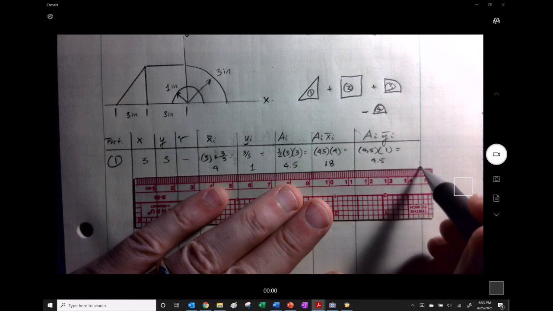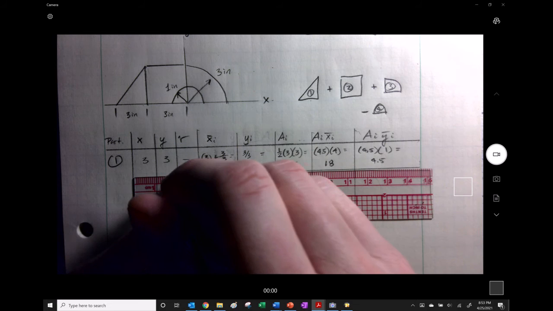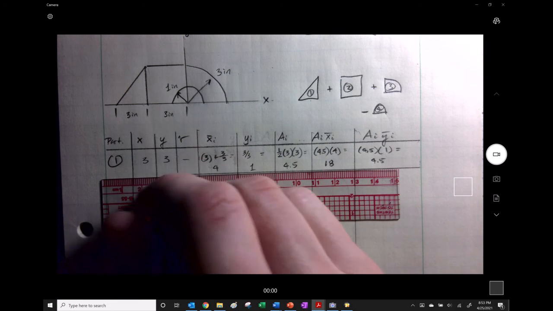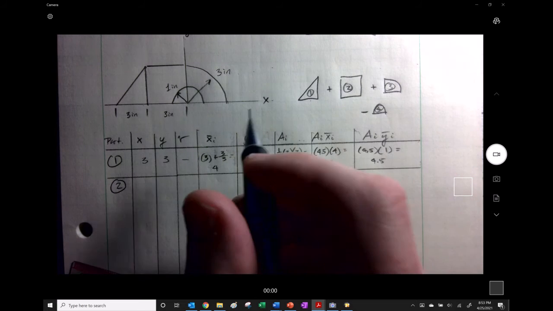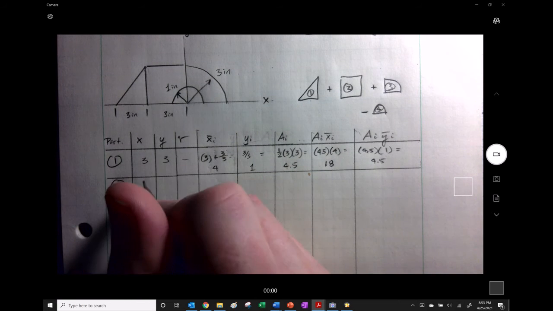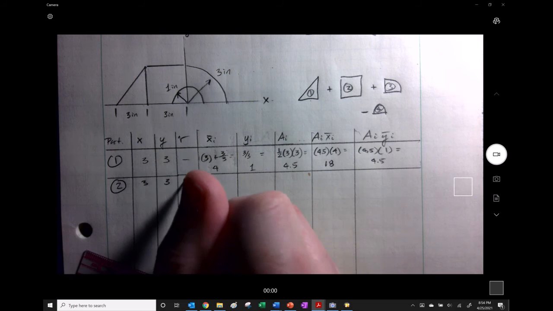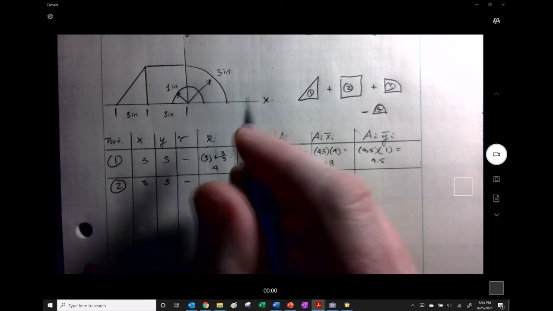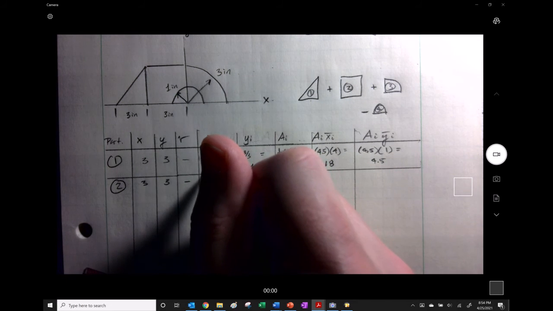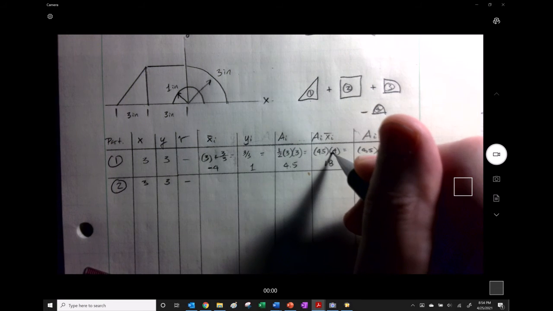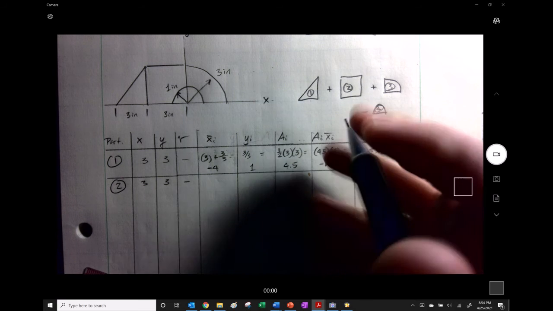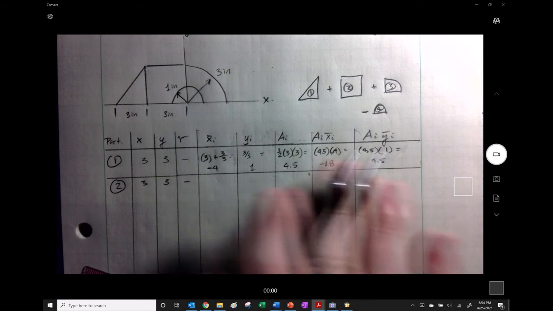So now with the triangle and the square, that's easy. 3 by 3. And, oh, I made a mistake. This should have been negative. And that should be negative. Let's get the negative side of that.